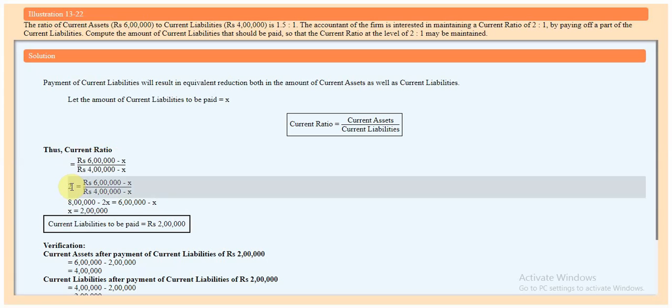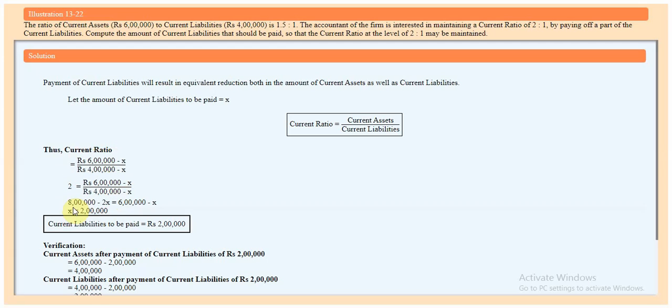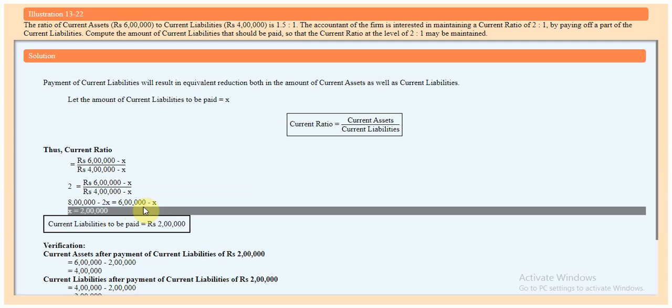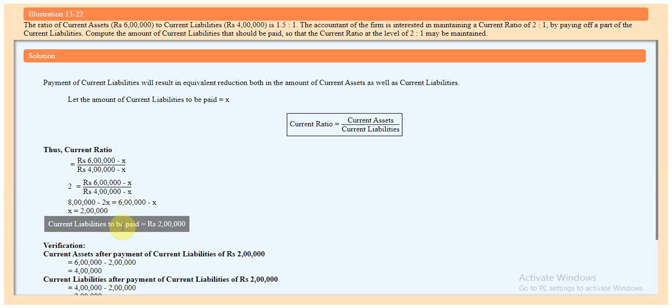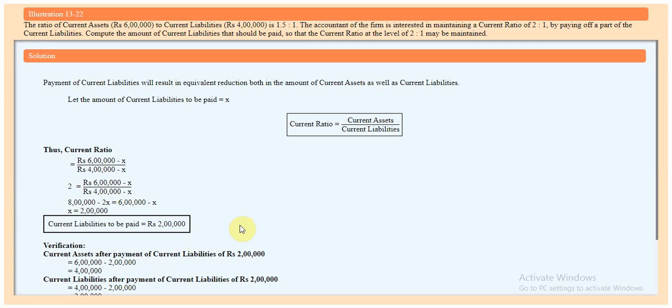So can we say that 2 equals rupees 6 lakh minus X divided by rupees 4 lakhs minus X. When we cross multiply, we get 8 lakhs minus 2X is equal to 6 lakh minus X. So X will be 2 lakh. So the current liabilities that have to be paid is rupees 2 lakh. Now the accountant has to pay rupees 2 lakh worth of current liabilities to make sure that the level of 2:1 current ratio is maintained.